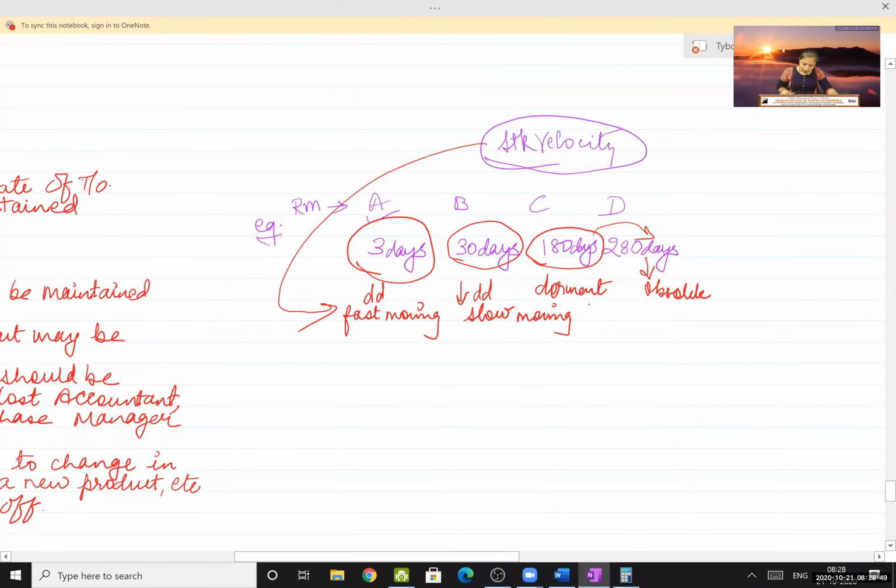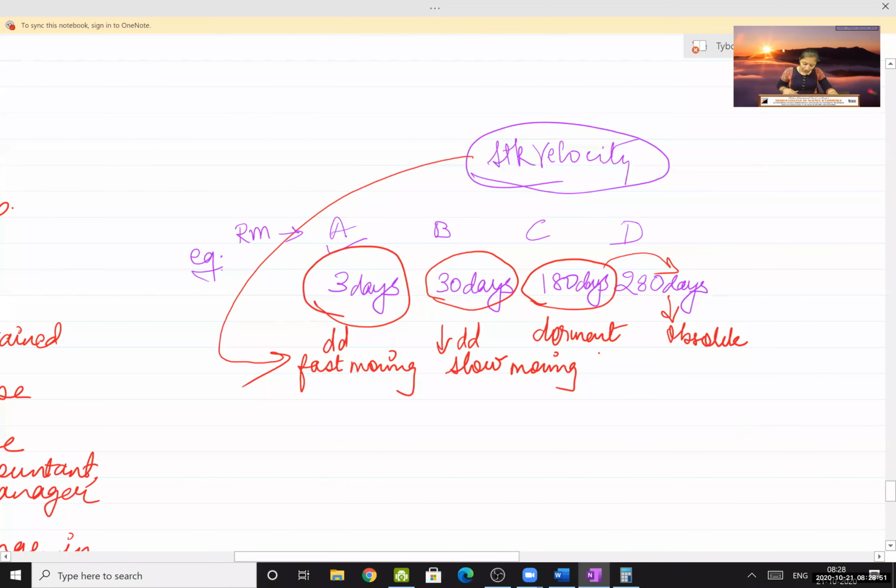If you want, you can keep this example also. You can write this example for your reference, so that you understand the clarity between fast moving, slow moving, dormant, and obsolete. May or may not have demand in future.